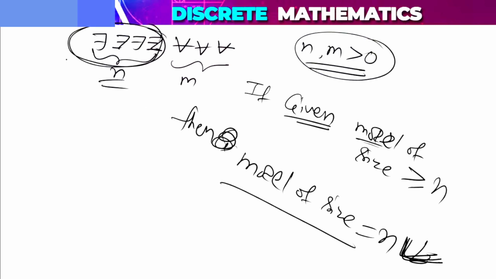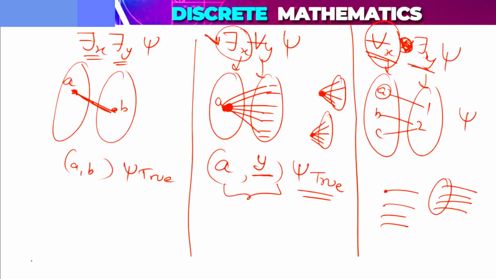Okay, this template we have seen yesterday, if you remember. I took two examples. One example was a single there exist: there exists x for all y. Then we took this example: there exists x, there exists y for all z.